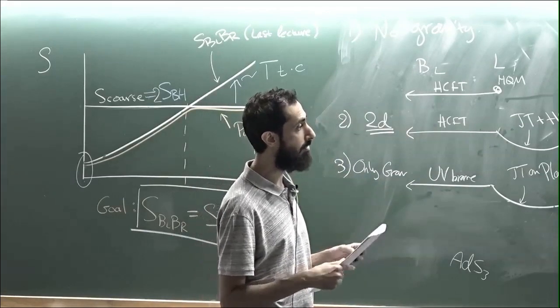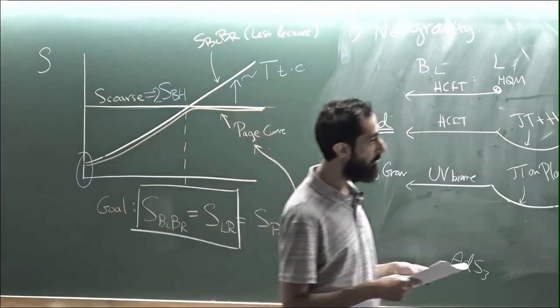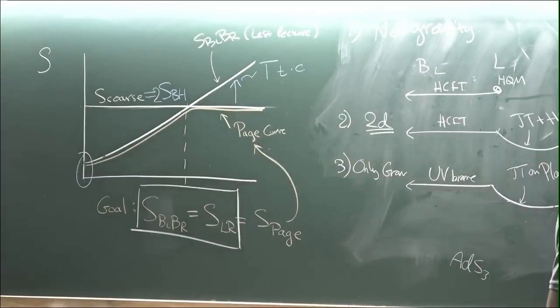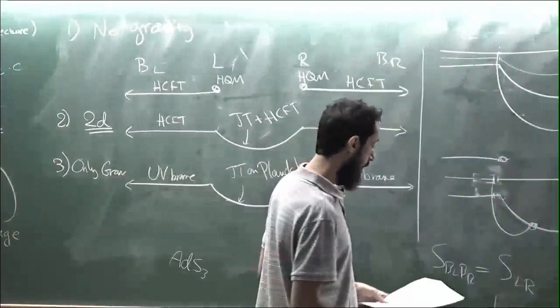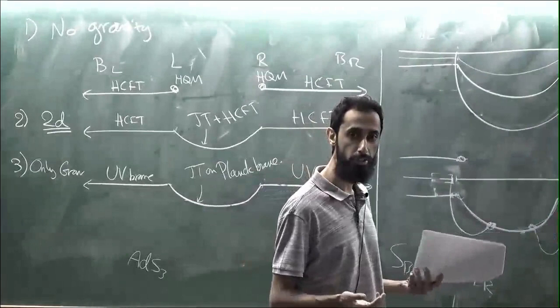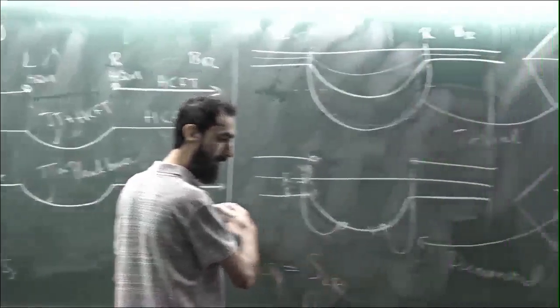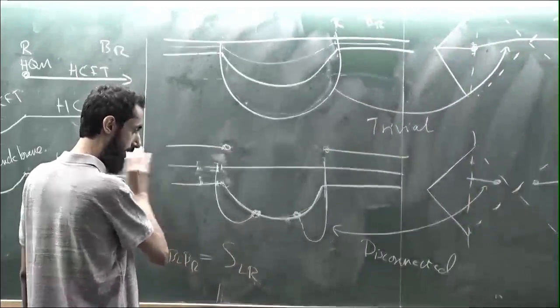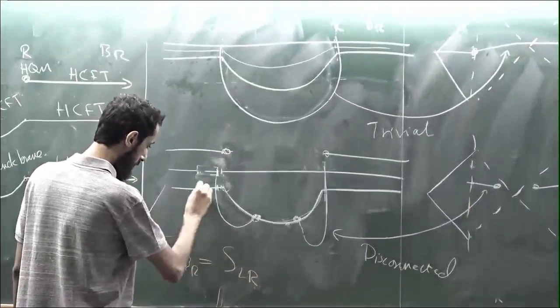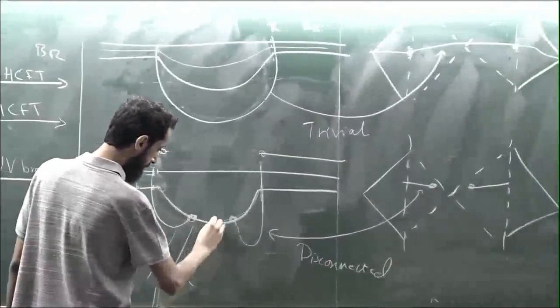Something happens here after the Page time. After the Page time, we have this configuration. There's something called the entanglement wedge of the radiation. The entanglement wedge is everything enclosed by the boundary and the entangling surface. So that's this entire region.